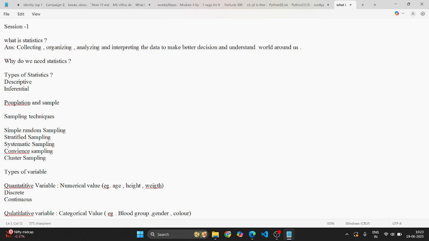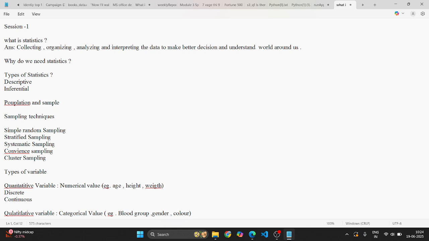In descriptive statistics, we perform measures of central tendency, find the average, draw the graphs and all the things. And inferential is used for predicting the data.